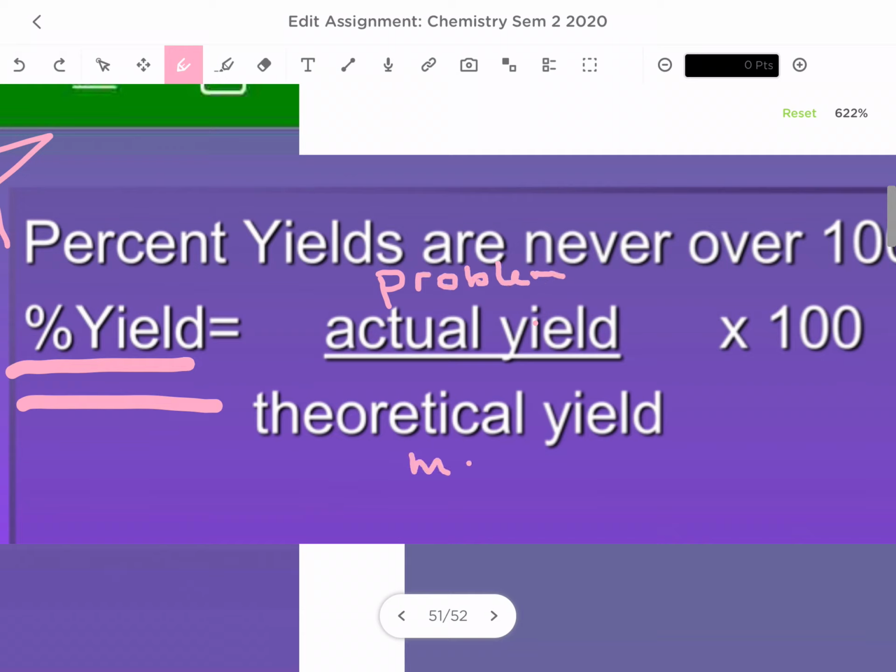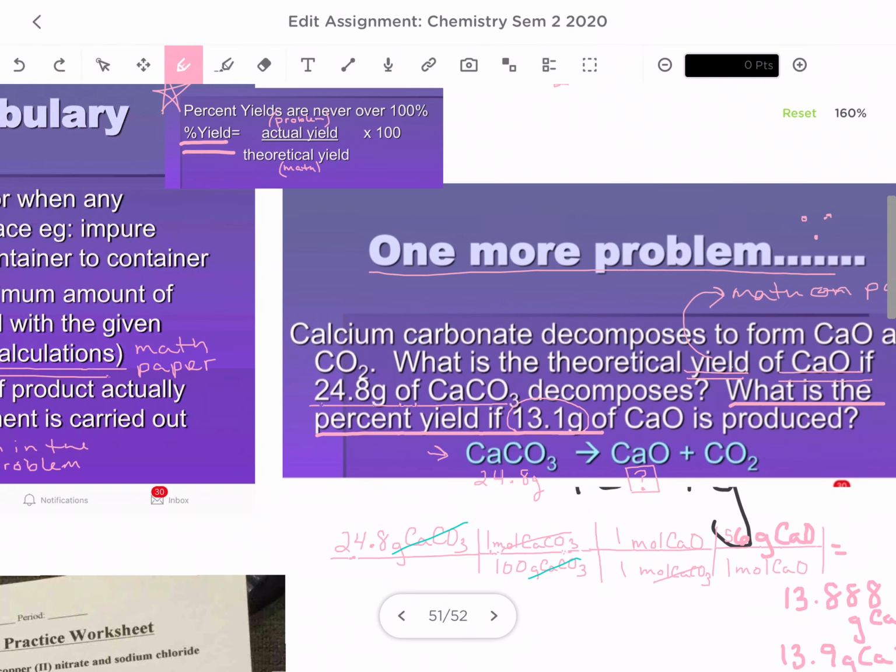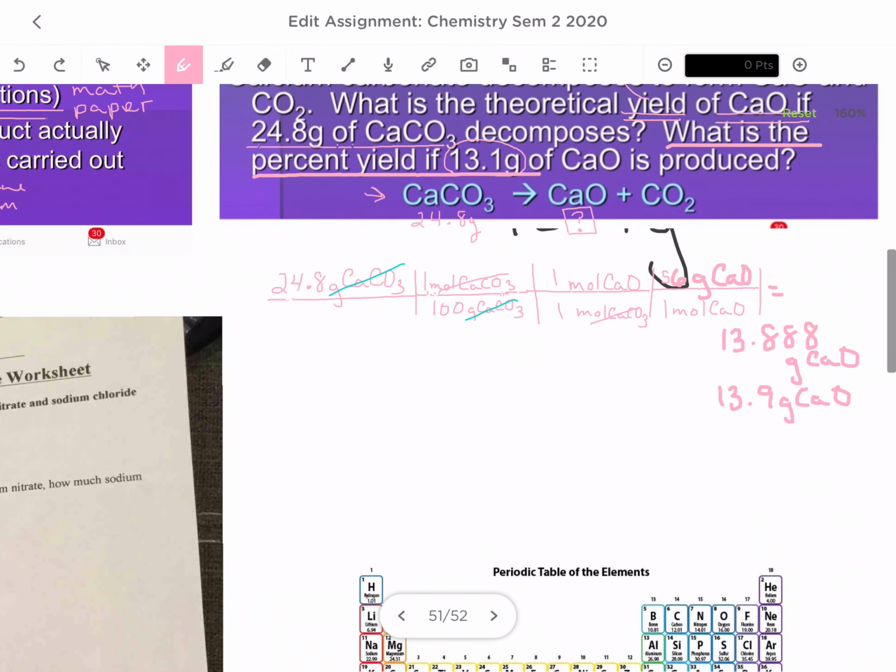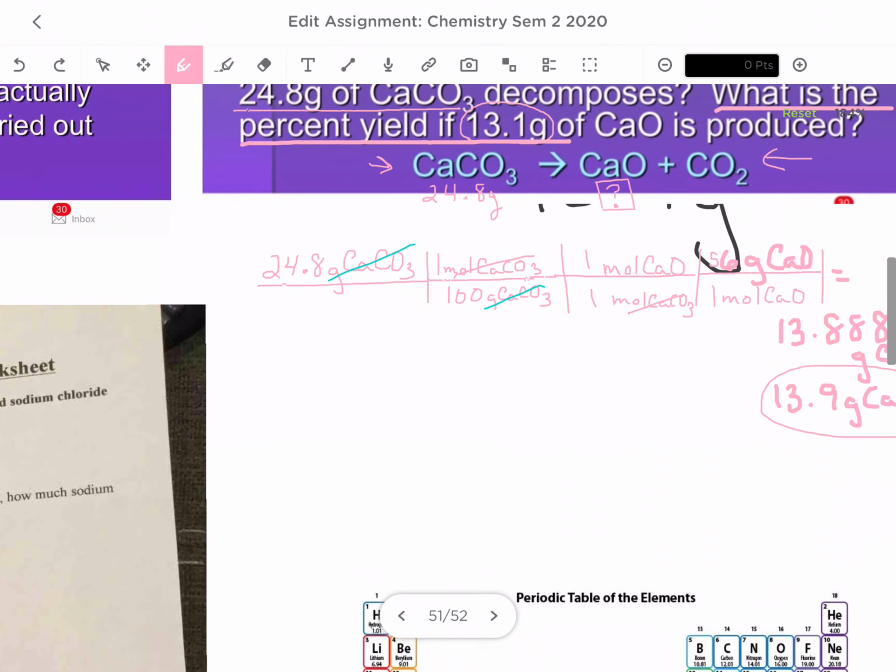So our theoretical yield is right here. In theory, we should get 13.9 grams of CaO when we do this chemical reaction right here. But it says, what is the percent yield if you actually get 13.1 grams? So we're going to take the actual, which is 13.1.